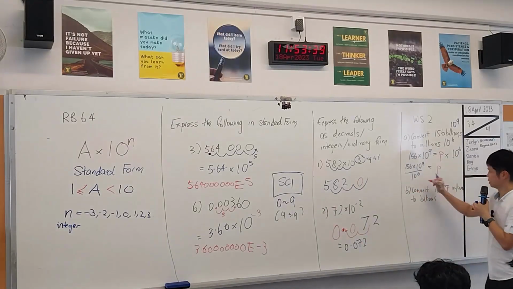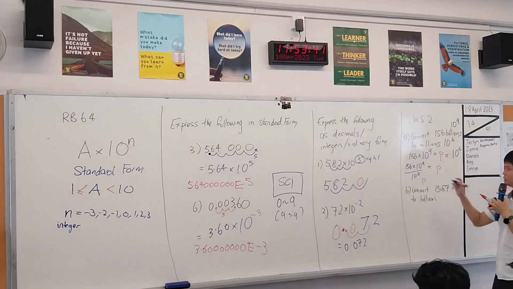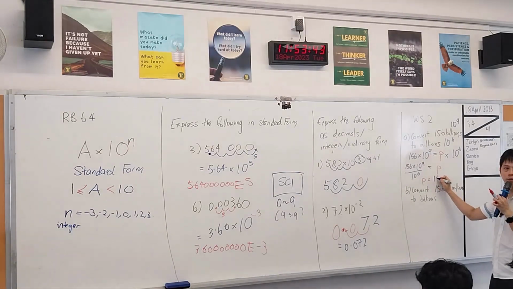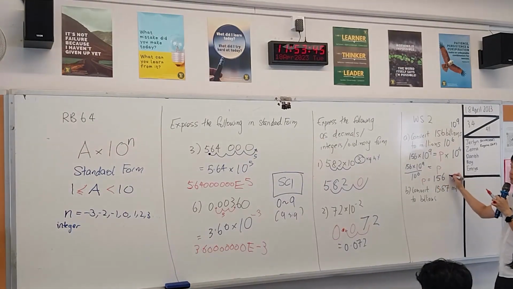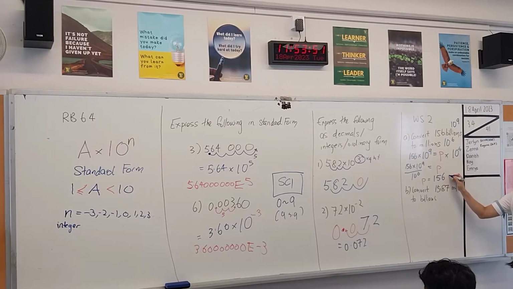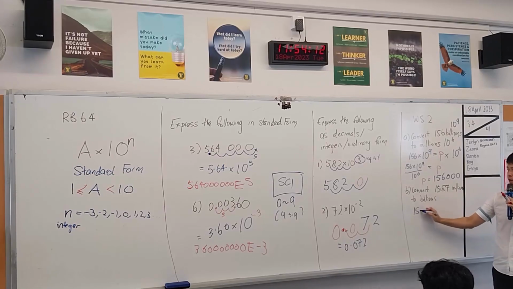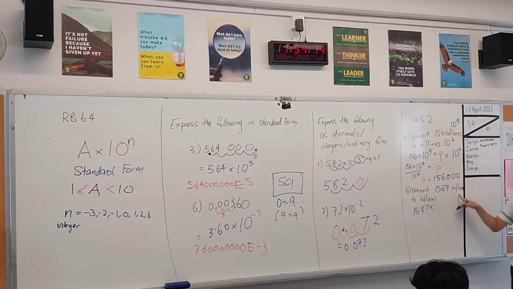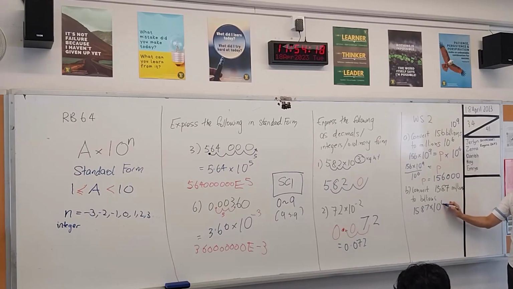So P is 1, 5, 6. Got 0 behind? What must I write here? This one you must know. 15.87 times. Yeah, you must please memorize that.